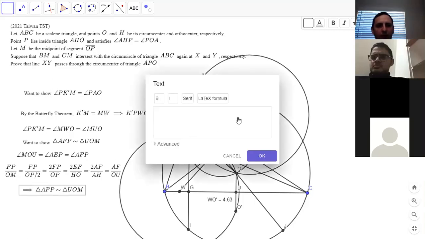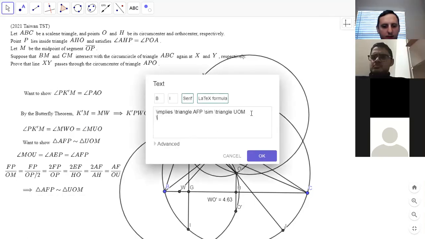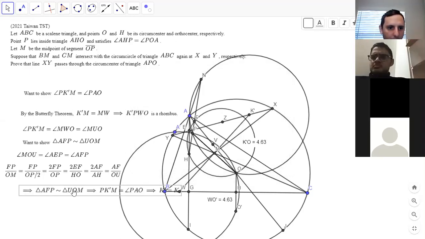MUO is equal to PAO. K prime is, yeah, that's very nice. I'll put that on a separate line, and then I'm going to move on to the next problem.